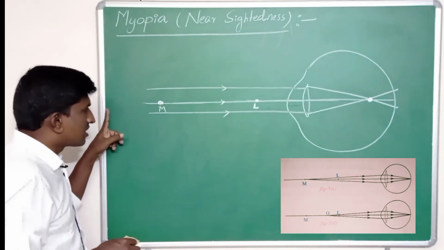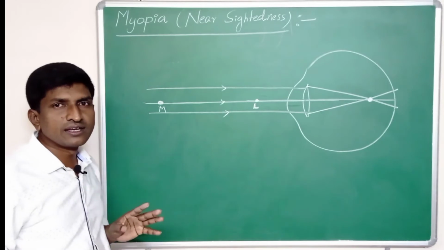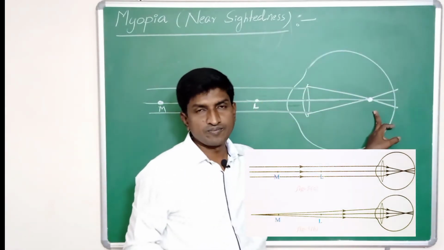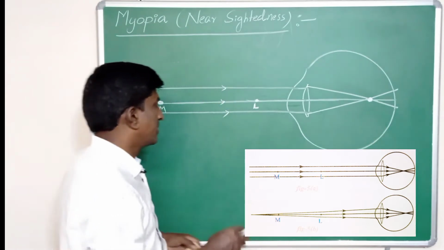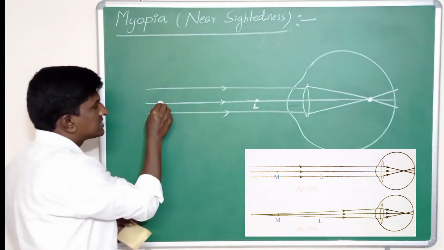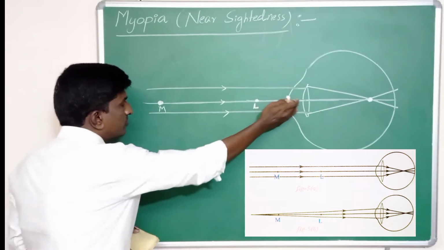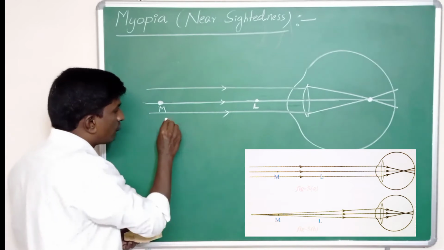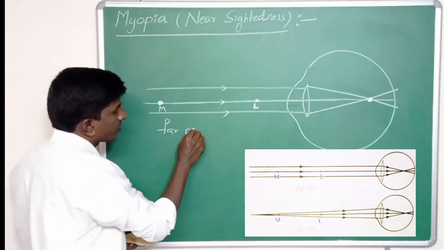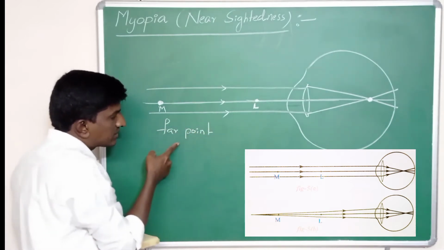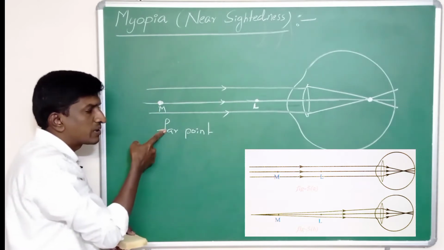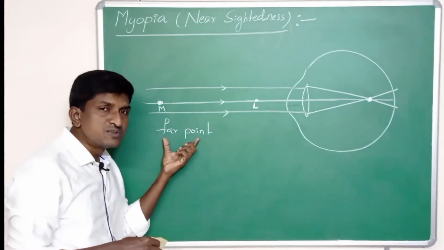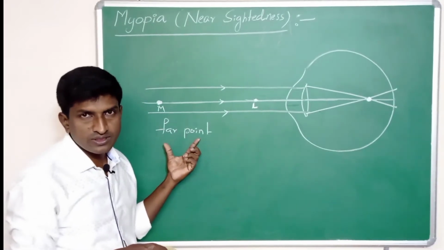If the object is outside M, can he see? No, the image is formed just before the retina. This extreme point M is said to be the far point. Beyond this far point, can the person see the image? No, he can't observe the image of that object.